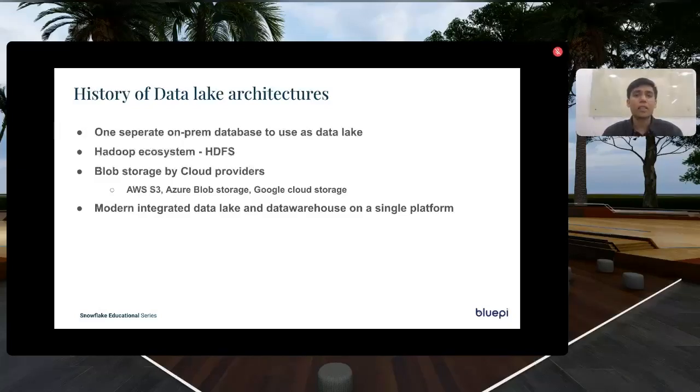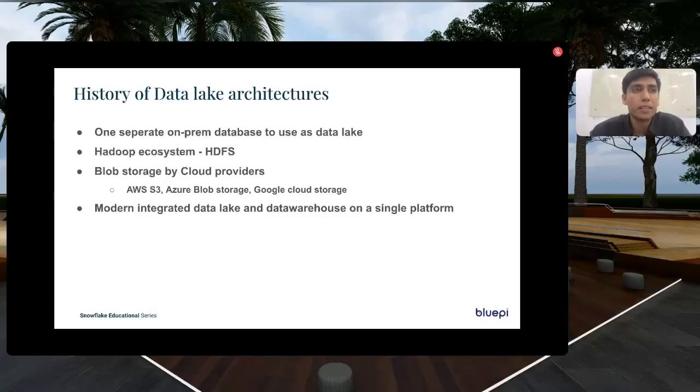But there were issues with HDFS as well. One of the main reasons why HDFS is no more right now, I mean, I don't know any organization which still uses it or is not trying to move away from HDFS as their data lake solution, was the difficulty of implementing the system altogether.